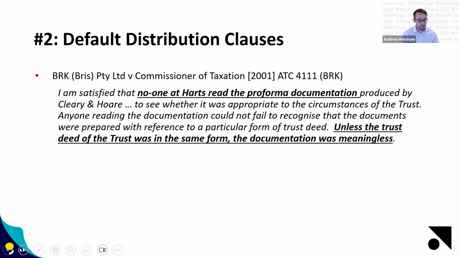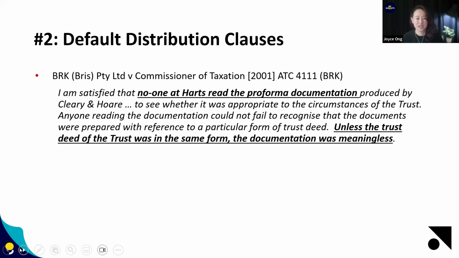Anyone who did read it would have realized that it wasn't appropriate for the trust it was actually used for. And unless the deed was in the same form as the pro forma documentation, then the documentation is meaningless. So not only read the deed, read the distribution minute if you're using a template, make sure it's actually appropriate for the situation.